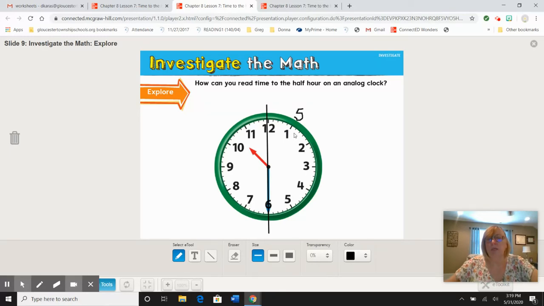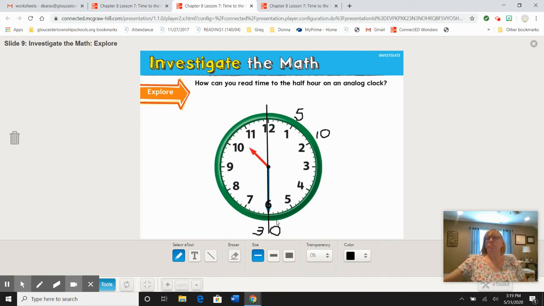So let's check something here. 6, 7, 8, 9, 10. That's right. So how are we counting around? By fives. That's right. So if we start here, 0, 5, 10, 15, 20, 25, 30. So halfway around the clock is 30 minutes.